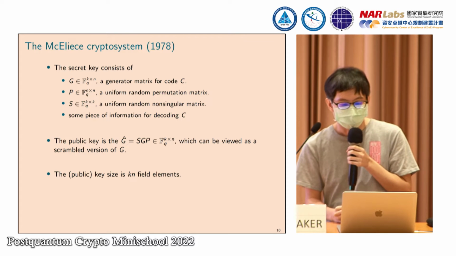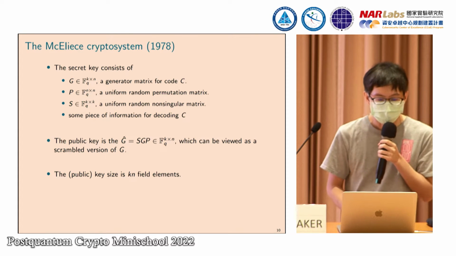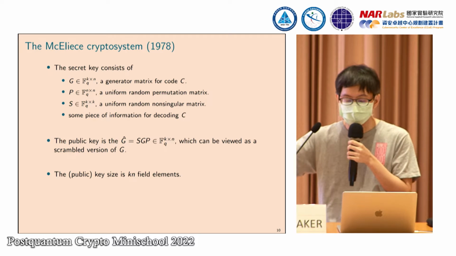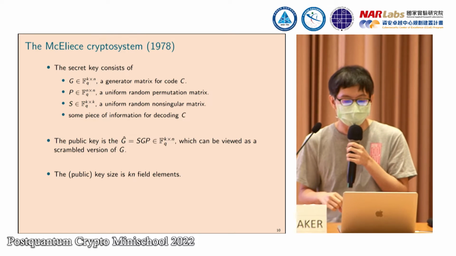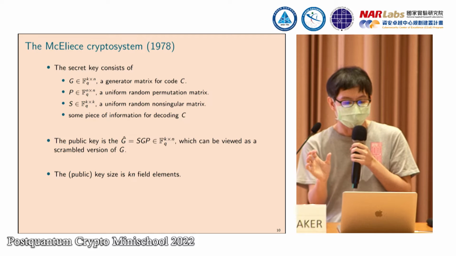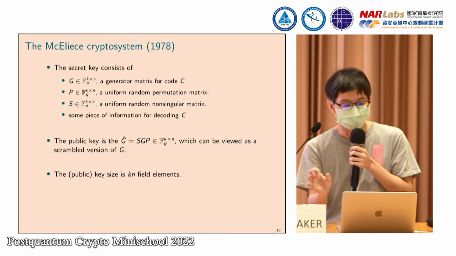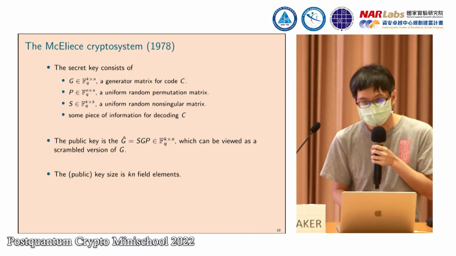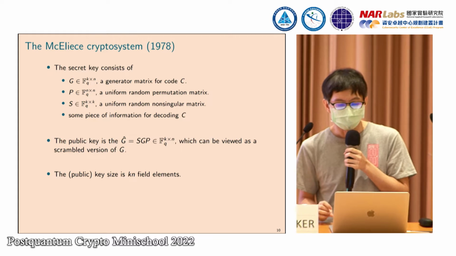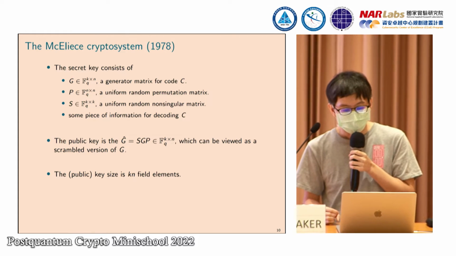And I should also mention that in many cases, you can actually combine the first item with the fourth item. In many cases, with a special generator matrix or a special parity check matrix of the code, you can already do efficient decoding. This is a very common case.